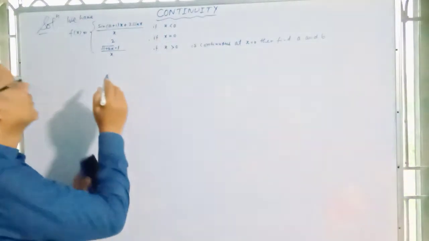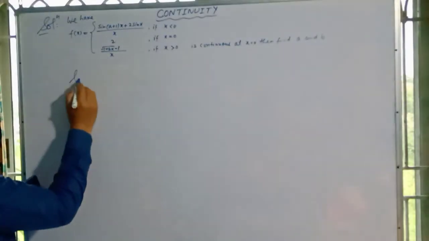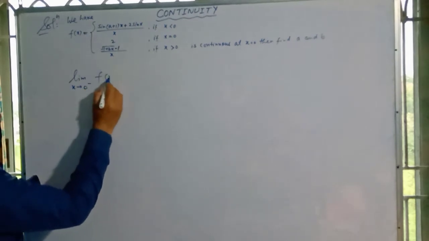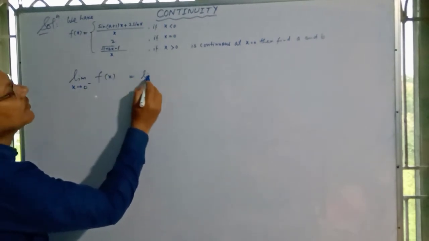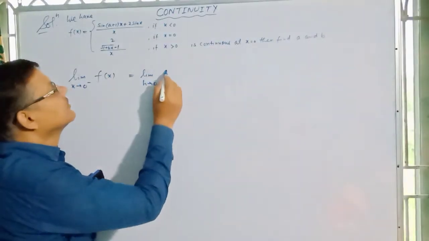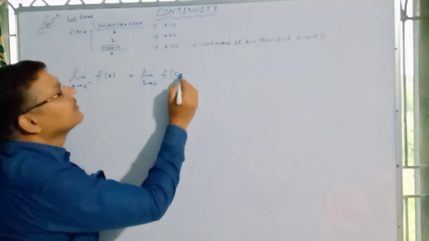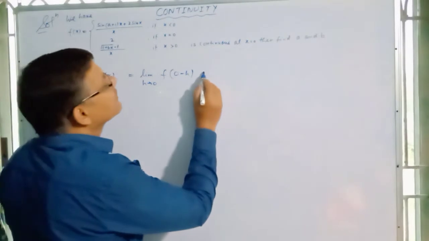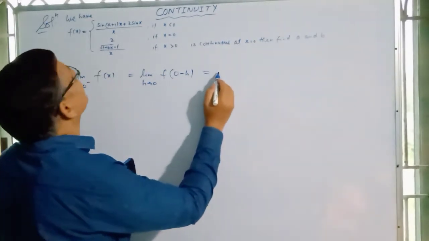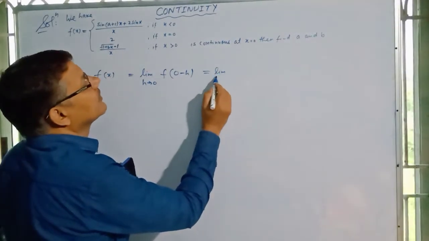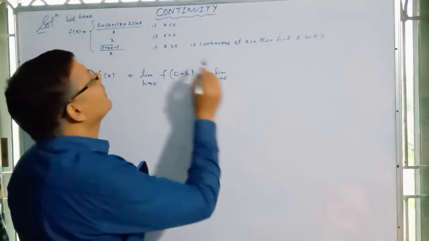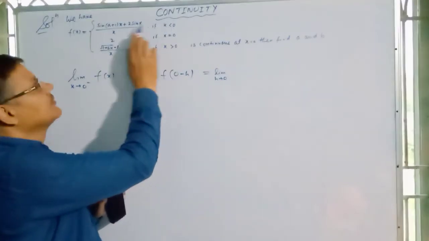So we require to get the limit as x tends to 0 from the left of f(x). By rule we write h equal to x tends to 0, and in case of left hand limit, f of 0 minus h. Now it is equal to the limit as h tends to 0, then x is less than 0, so we use this function.